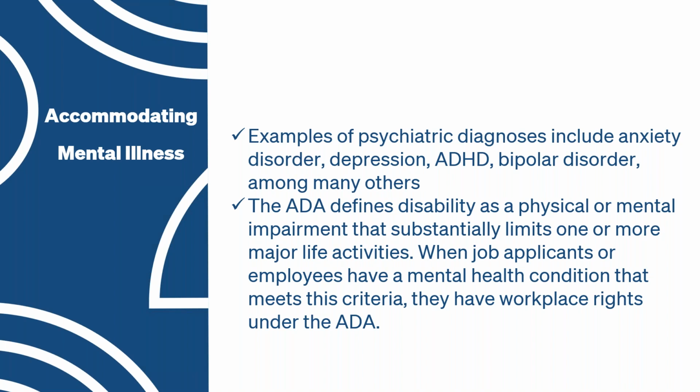If the mental health condition affects that employee's major life activity of communication, sometimes they may need the accommodation of interacting with someone with a different communication or relational style in order to be successful.